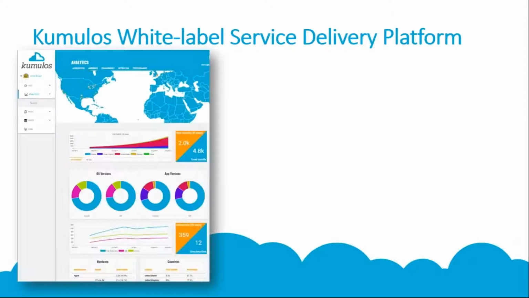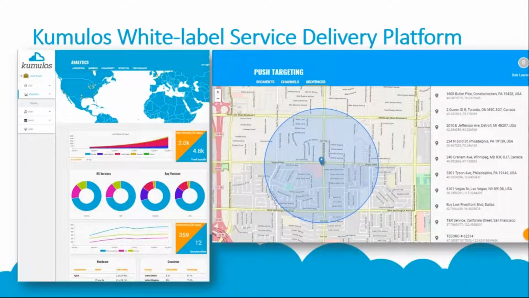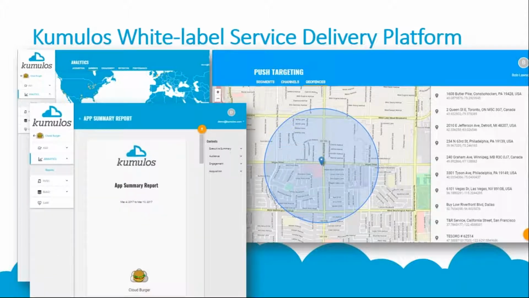Cumulus is a platform. It's a fully white labeled platform. And within that, you have an analytics view. We've got a push notification service, which includes geofencing and a whole bunch of other smart targeting options. The monthly report that I talked about, we have a means by which we can generate this monthly report for you, whether it's an ASO report or a complete report covering all aspects of the services you have in the app.